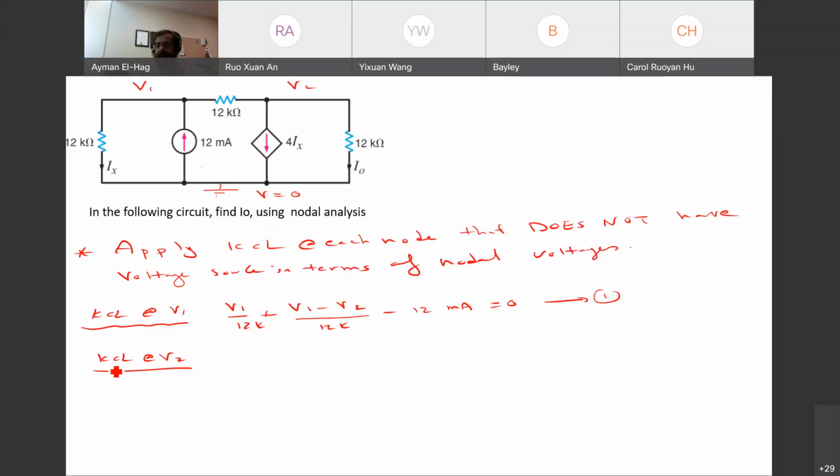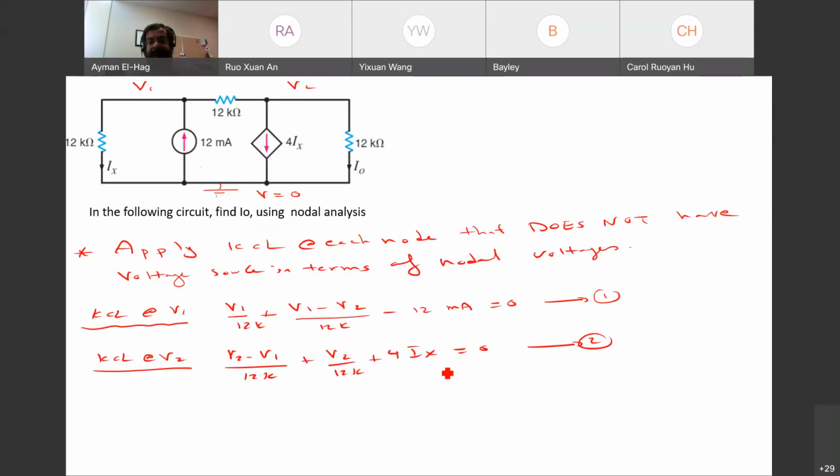Current to the left: V2 minus V1 divided by 12K. Current down, I0, I don't care what this I0 is, plus V2 over 12K, plus, this current is leaving, 4Ix, equals 0. And this is the equation.